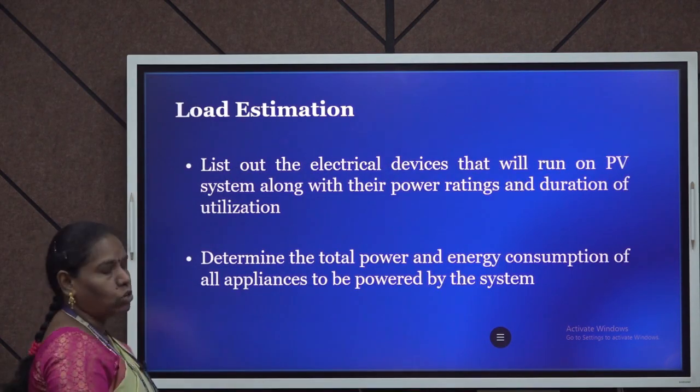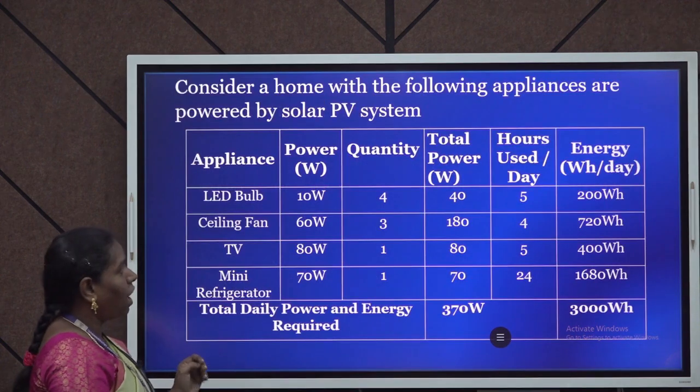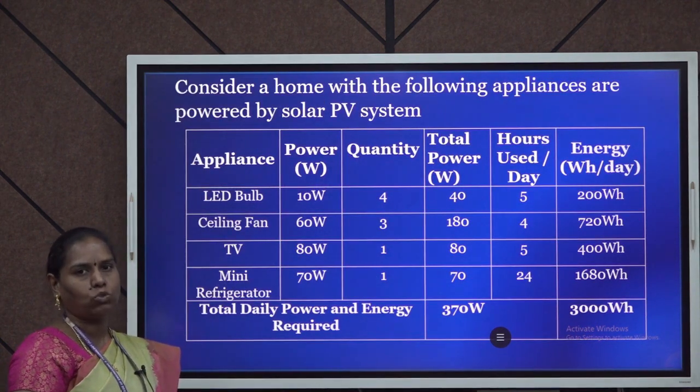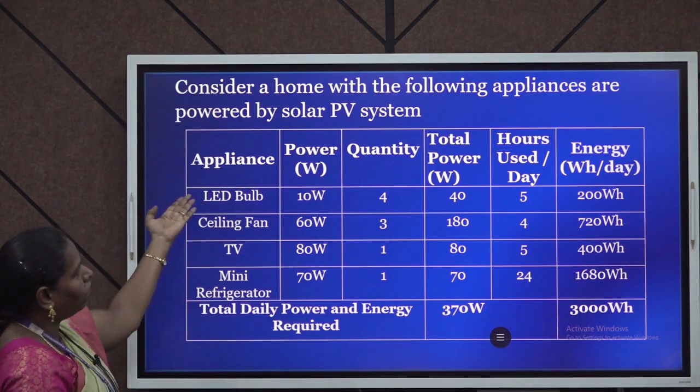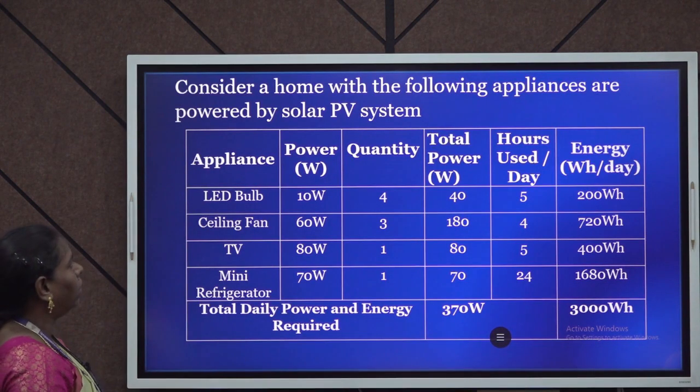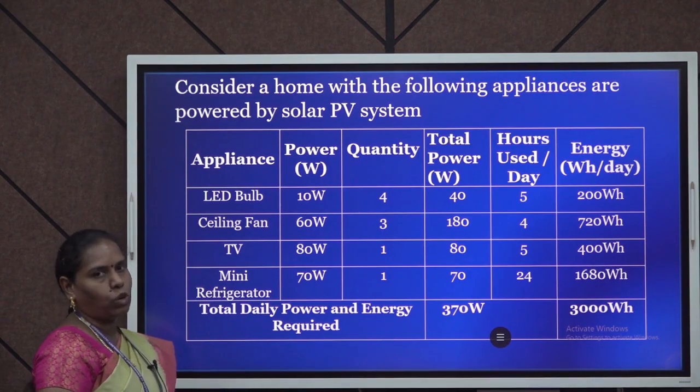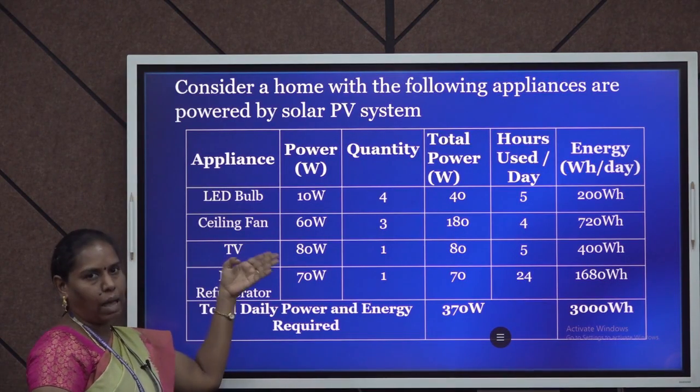So, the first step is load estimation. For that we have to analyze the load that has to be powered by the solar PV system. In this case study, I have taken the appliances that are energized by the solar PV system, given in tabulation format.